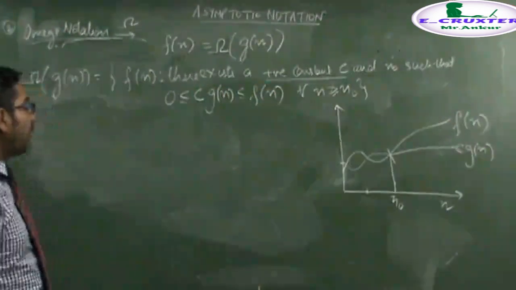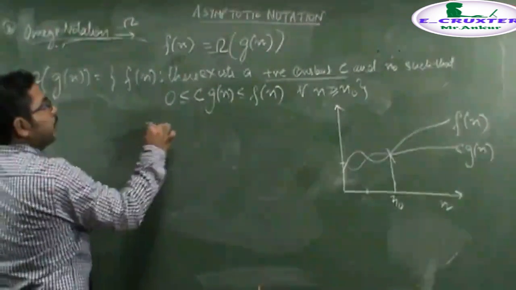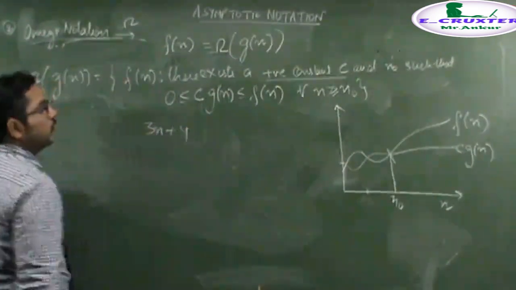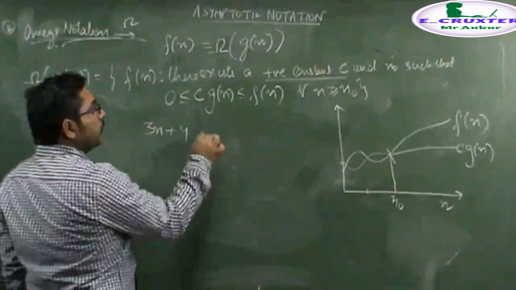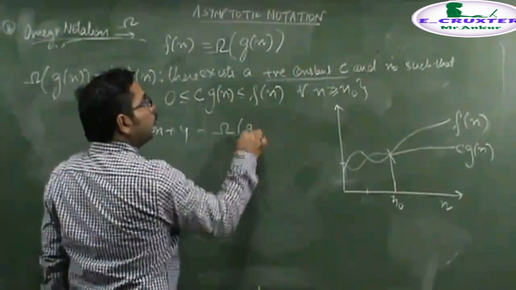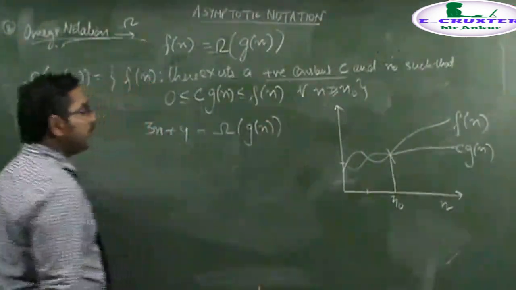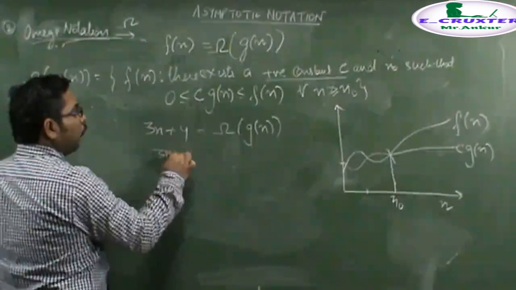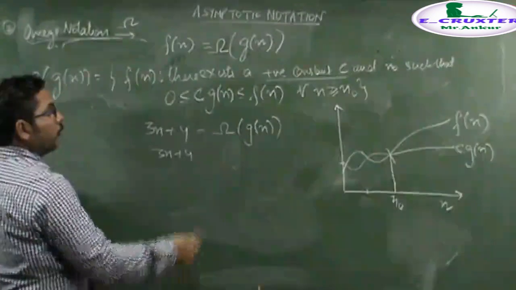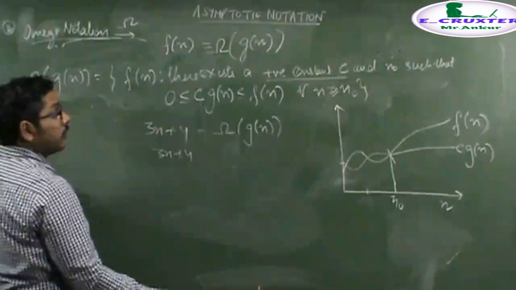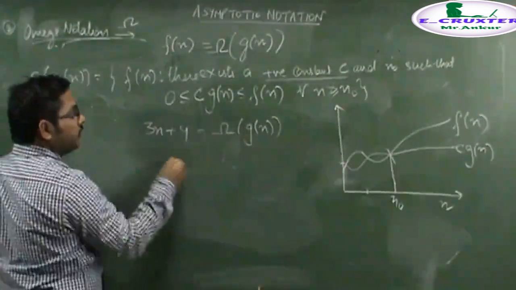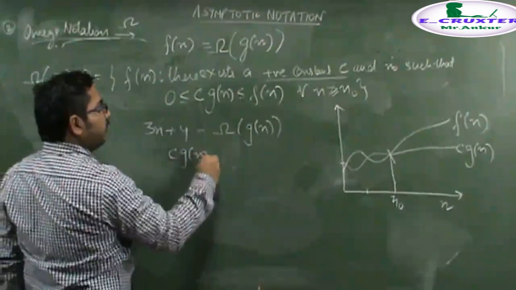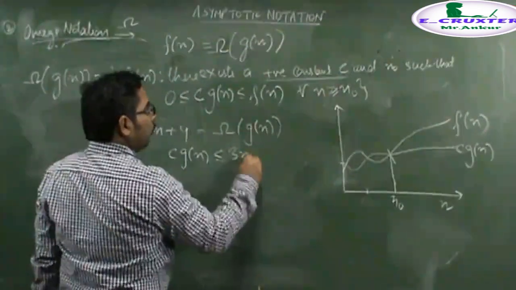For example, if 3n plus 4 is the f(n) function, and g(n) is acting as a lower bound for this function, then if I take the value of g(n) as n, it means that for 3n plus 4, g(n) is acting as a lower function. That is, if I multiply g(n) with c, then its result should always be less than or equal to 3n plus 4.